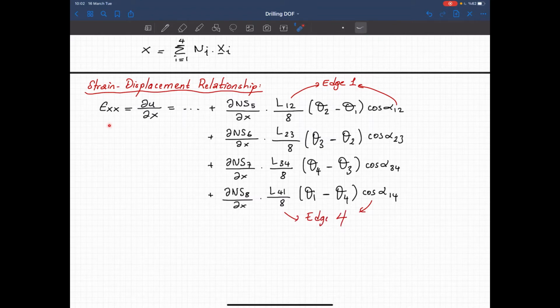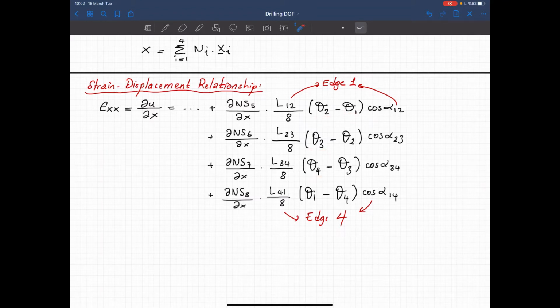Now this is the strain interpolation, but I don't like the structure of this part, because in order for me to generate the B matrix, I need the coefficients in front of theta 1, theta 2, theta 3, and theta 4.